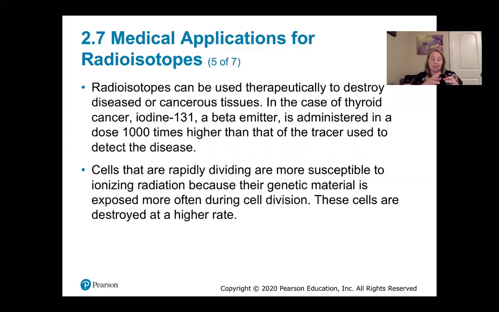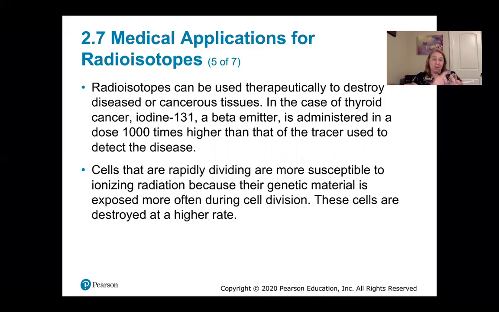And one of the places where it hurts them the most is in their DNA, in their genetic material. So every time the cell divides, the DNA gets exposed. And so that exposure and then ionization, where those electrons are stripped off, actually destroys the DNA. So these cells, their DNA is destroyed at a much higher rate than all the other cells.